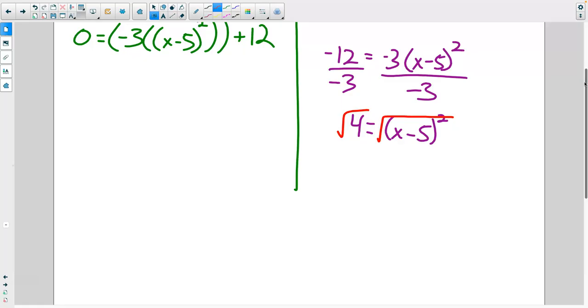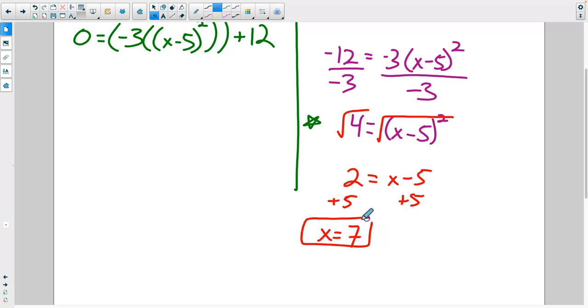We all in agreement? It's 2? Yeah? So the last thing I do then is I plus 5, and I end up with x equals 7.